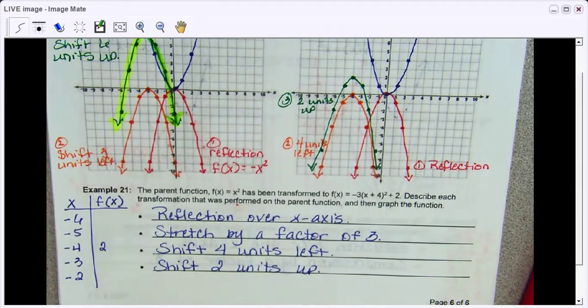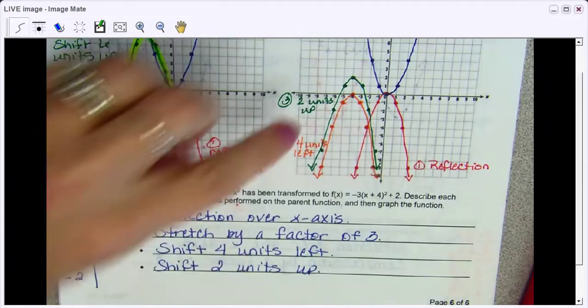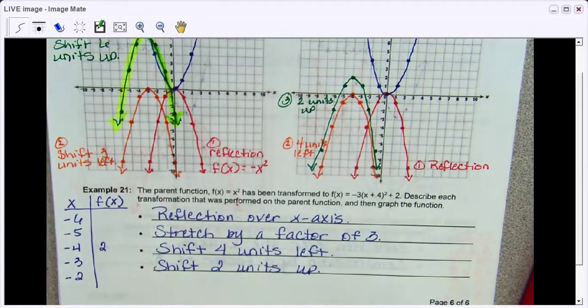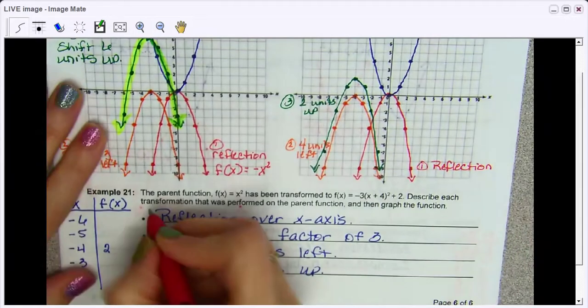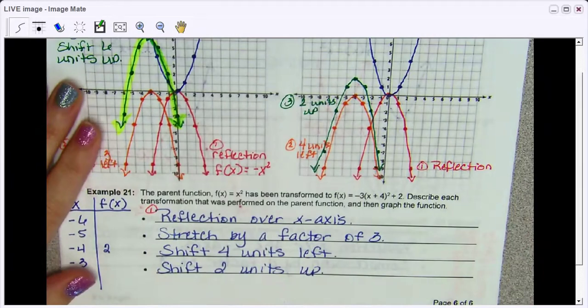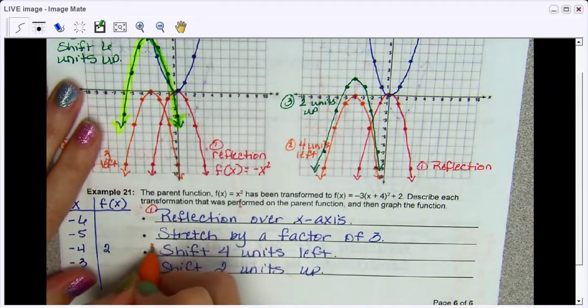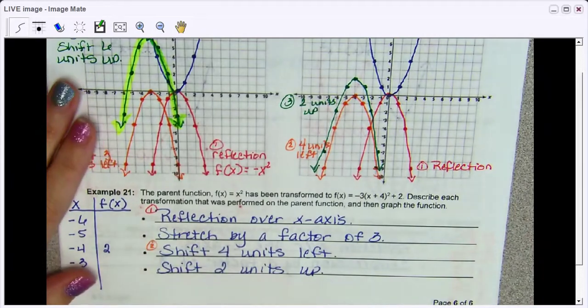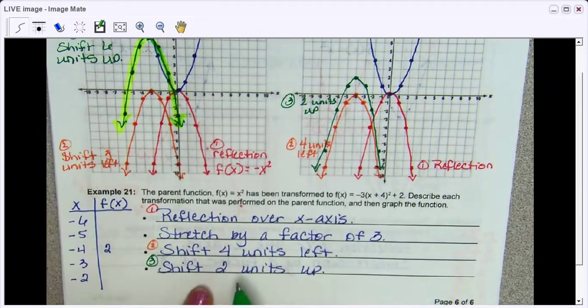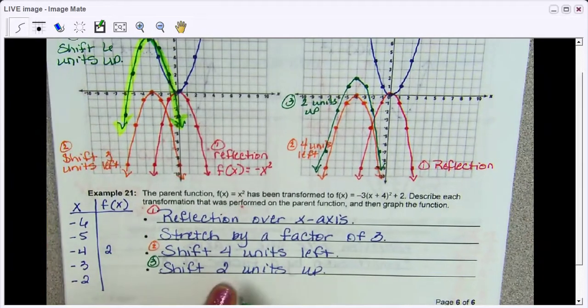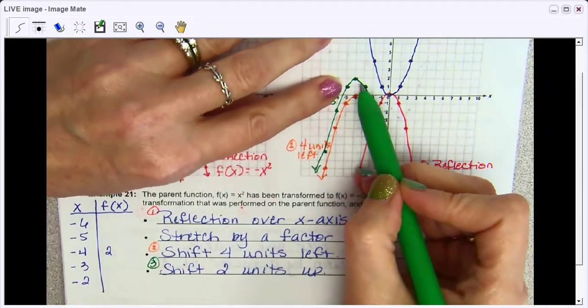Because once you get to the last transformation that you did, for example, mine, I reflected first. Then I shifted 4 units left second. And then I shifted 2 units up third. When I did my last transformation before my stretch, this is what I got.